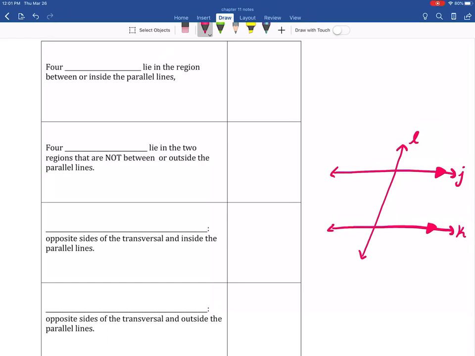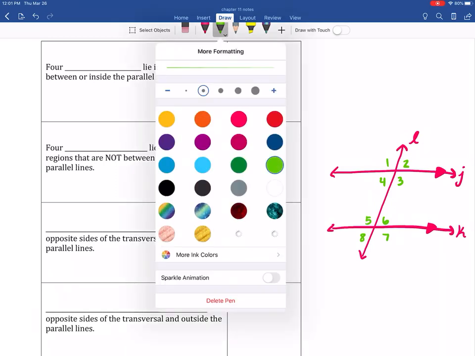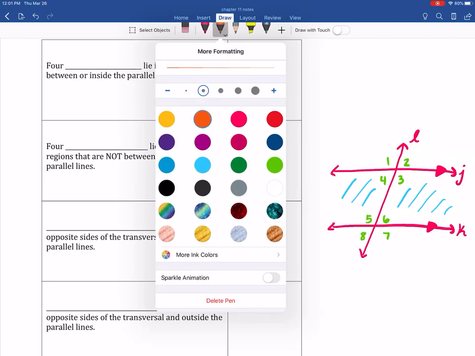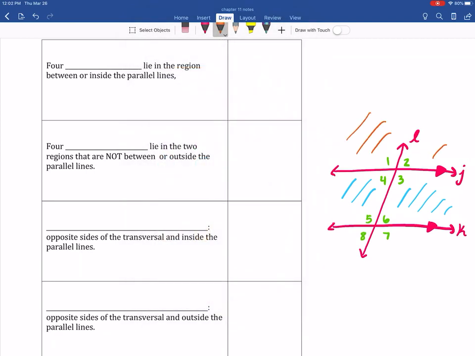So I look at this and I see that I have 8 angles. 1, 2, 3, and 4. And then I have 5, 6, 7, and 8. So 8 angles formed by my 2 parallel lines and my transversal. So first thing to notice is I have angles that are inside my parallel lines, and then I have angles that are outside my parallel lines.